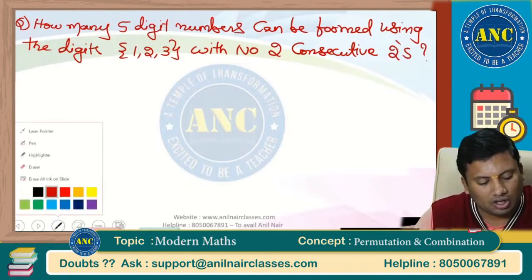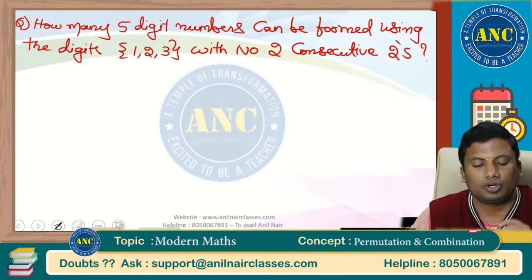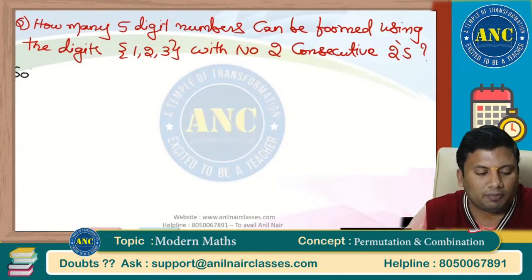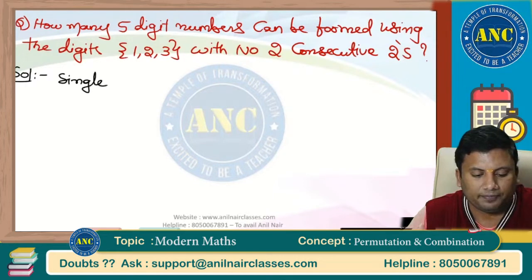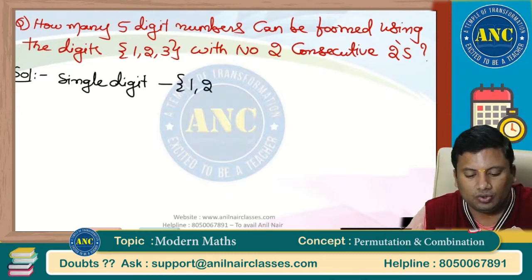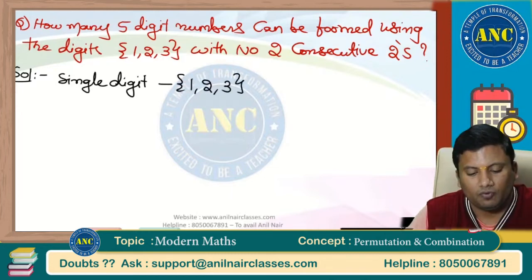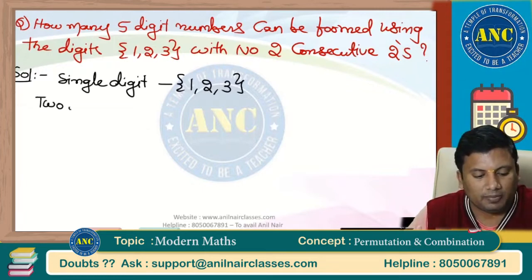With no two consecutive twos should not be there. Again the same approach. Suppose it is a single digit number. If it is a single digit number, how many ways are there? 1, 2 or 3. Suppose it is a 2-digit number.